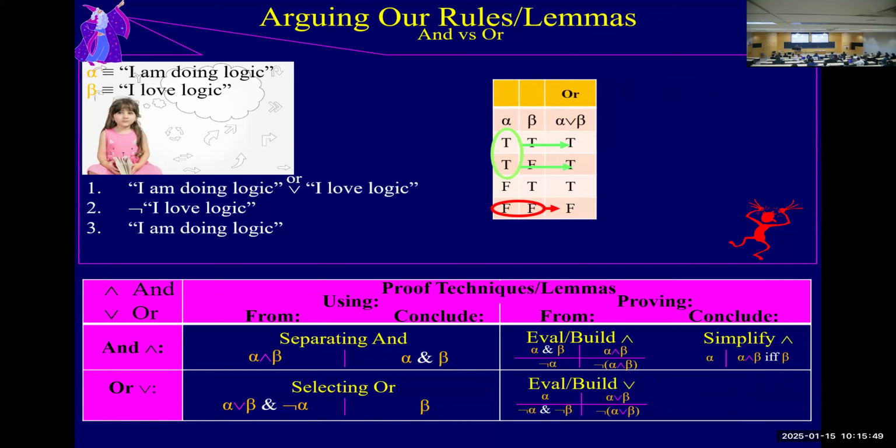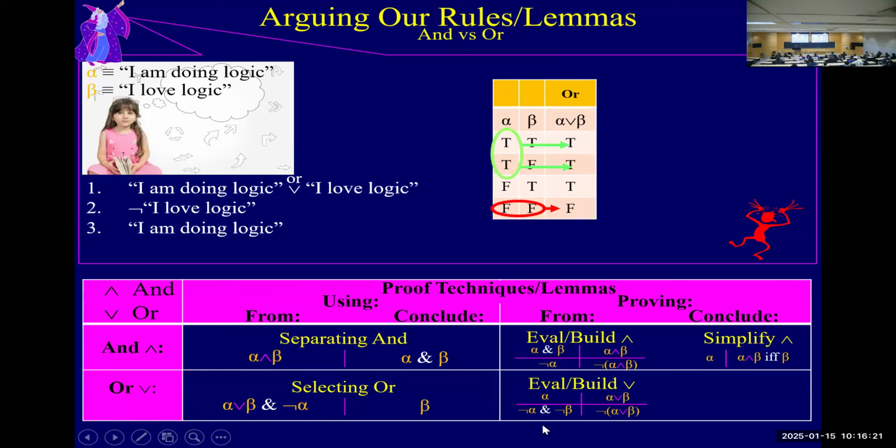All right, so same with or, right? Well, similar with or. If you know one of them is true, then the whole thing is true, right? The or is true. And the only way you can get a false, in fact, this is kind of what it says, is if they're both false, right? This is the rule. If you know alpha is false and beta is false, then you can evaluate the or as being false.